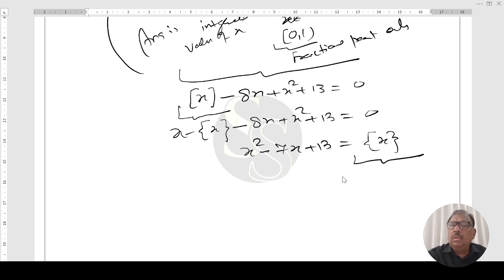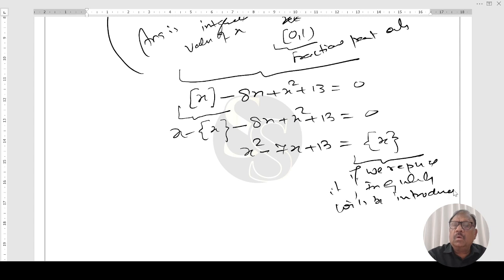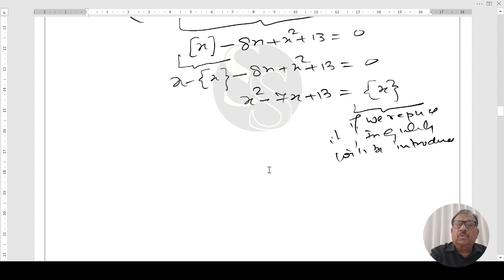Now, if we replace it, the inequality will be introduced according to this: 0 less than or equal to x square minus 7x plus 13 less than 1.